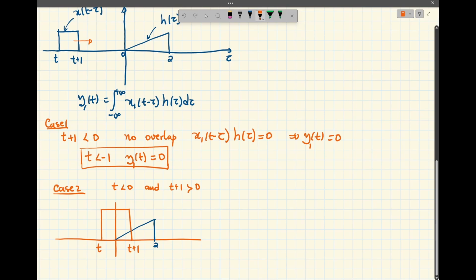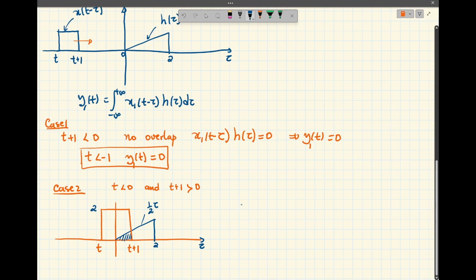Then the overlap is here. This is 2. This is 1/2 of tau.